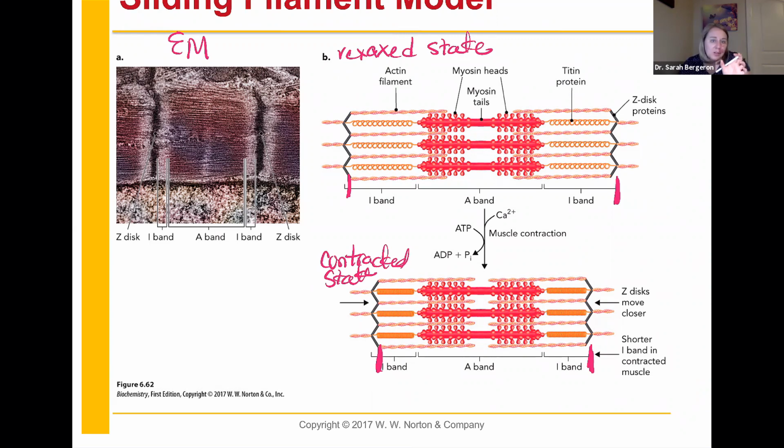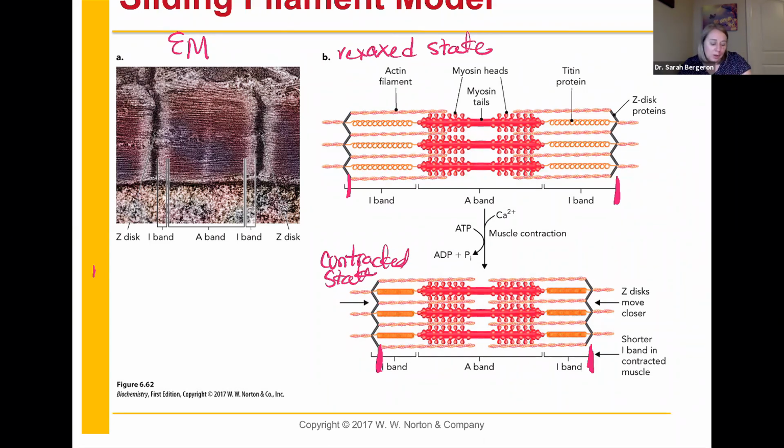So in muscle contraction, what's going to cause that initial change is you're going to get a neuronal signal, right? So a neuron is going to stimulate a muscle cell, and that's going to result in release of calcium.